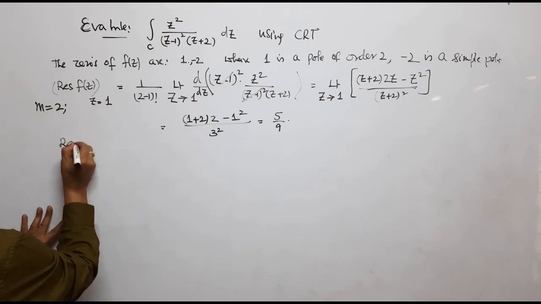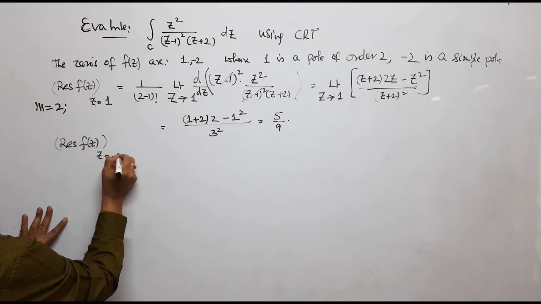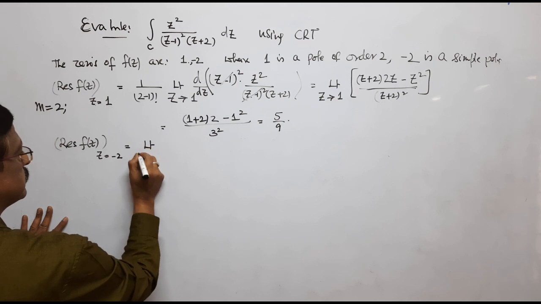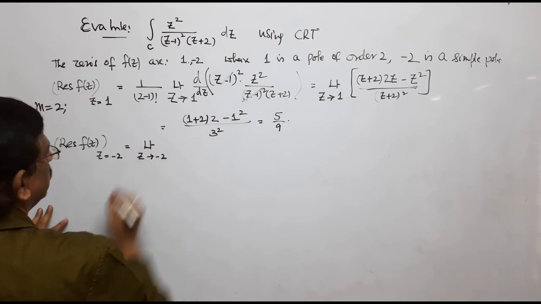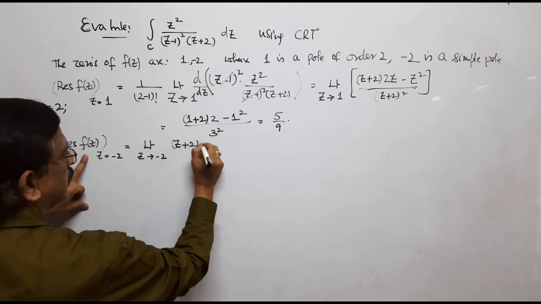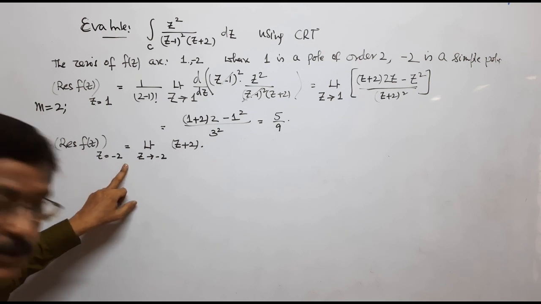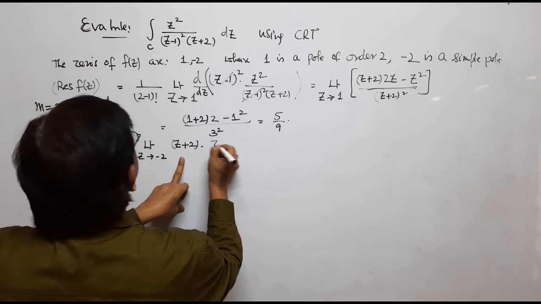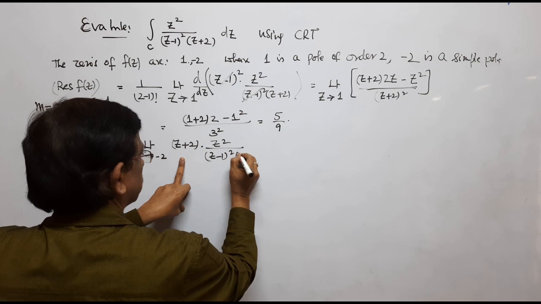What about the residue of f(z) for z equal to minus 2? Because it is a simple pole, limit z tending to minus 2, write down z plus 2, because z minus of minus 2 is z plus 2. Limit of z plus 2, z tending to minus 2, into f(z). f(z) is z square by z minus 1 whole square into z plus 2.